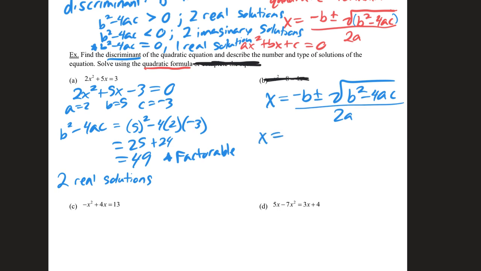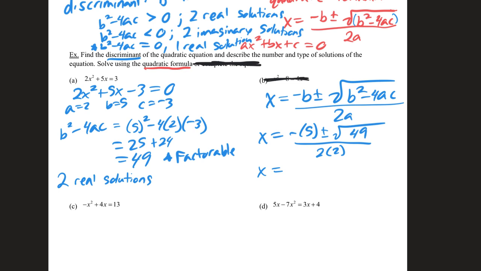So that's going to become x equals, b is 5, so negative 5 plus or minus the square root of, I already did b squared minus 4ac in this problem. I don't need to do it again, right? So I can just put 49 in there, because I already did that work. You don't have to do it again. Divided by 2 times a, which was 2.